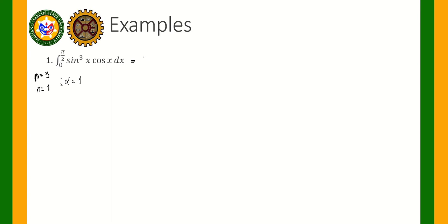This is equal to, sa numerator natin, we have m. What is m? That is 3. So, 3 minus 1 multiplied by 3 minus 2. Okay, we stop here at 3 minus 1 lang siya. Kasi pag 3 minus 3, okay, 1, 3, 5, 7, 9, and so on. Dito naman sa baba is 2, 4, 6, 8, 10.